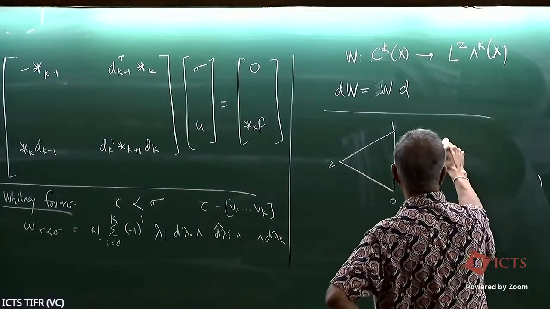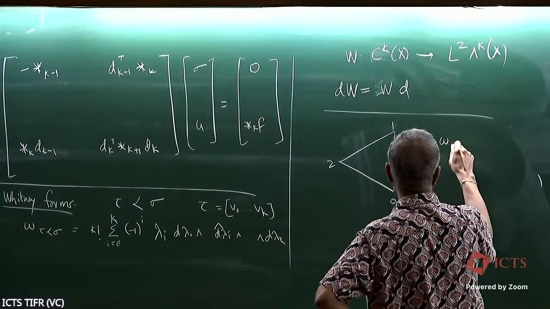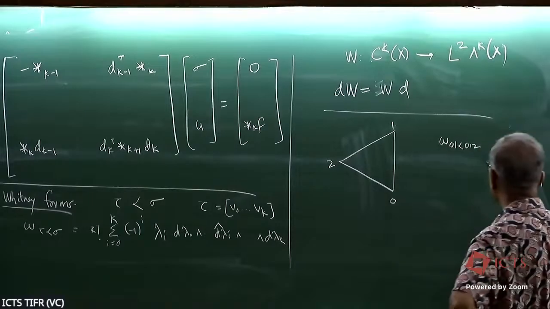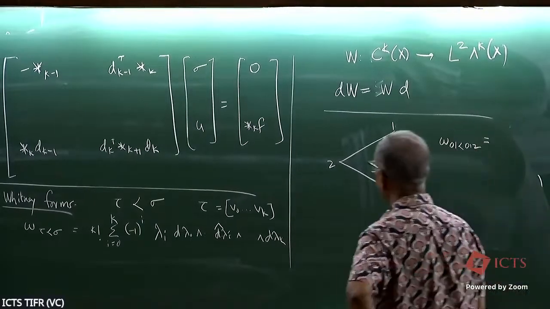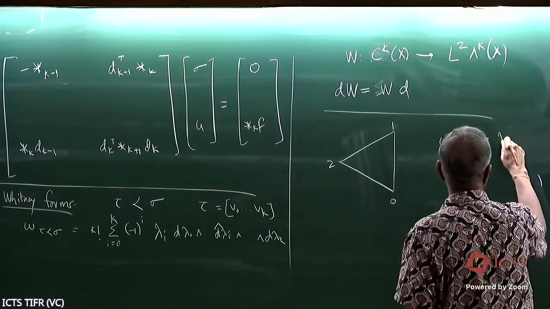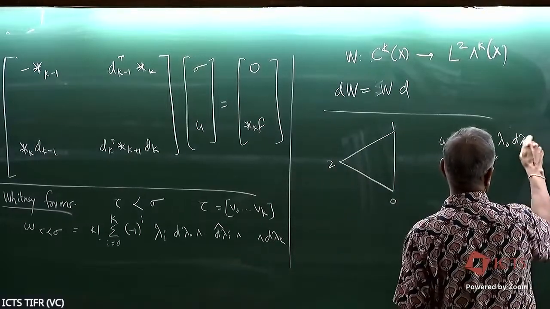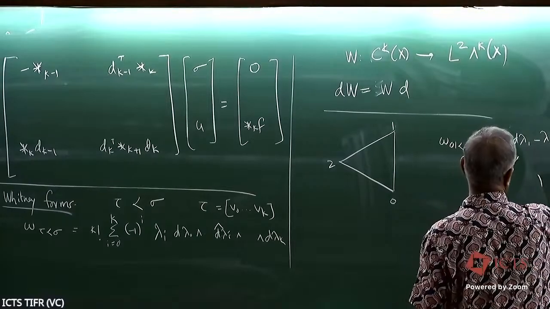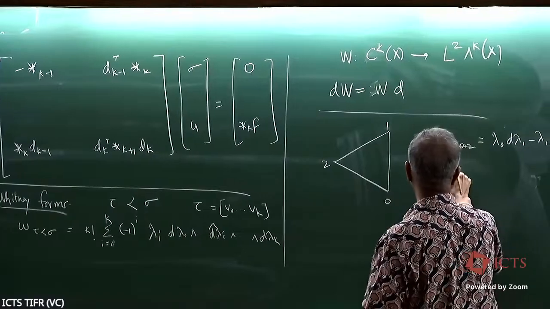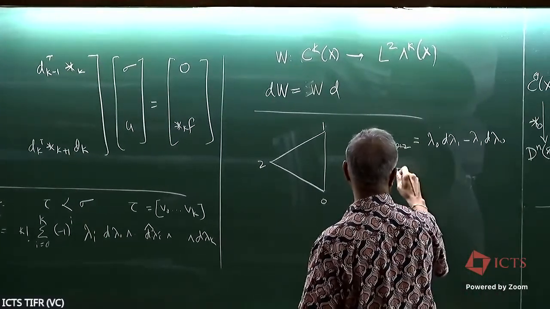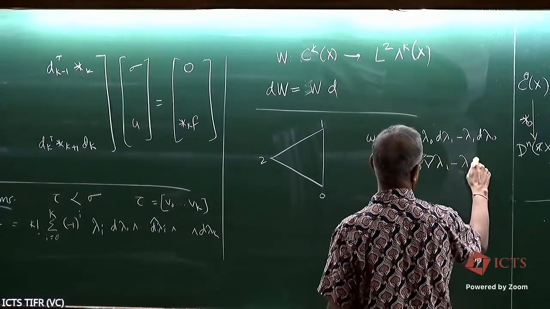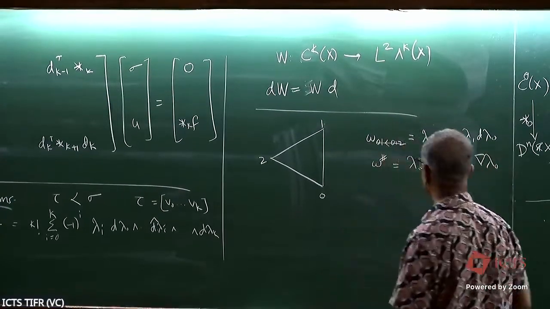And so the Whitney form corresponding to the edge 0, 1 sitting inside the triangle 0, 1, 2 will be, it's a one form, so 1 factorial, and the terms are lambda 0 d lambda 1 minus lambda 1 d lambda 0. If I sharpen it and I have the standard Euclidean metric, then this looks like that, which is easier to visualize as a vector field.